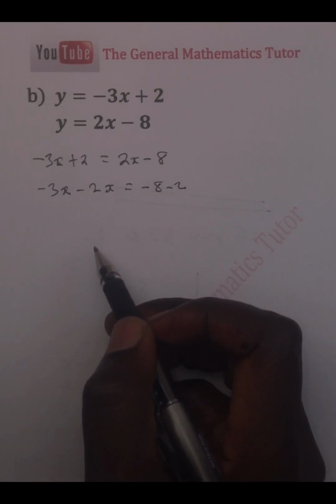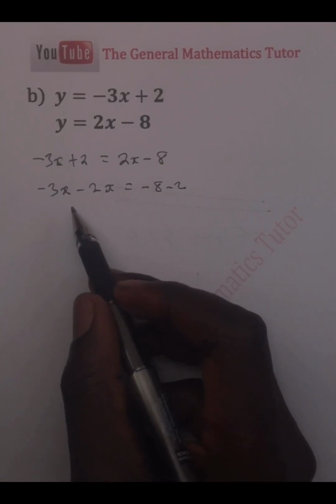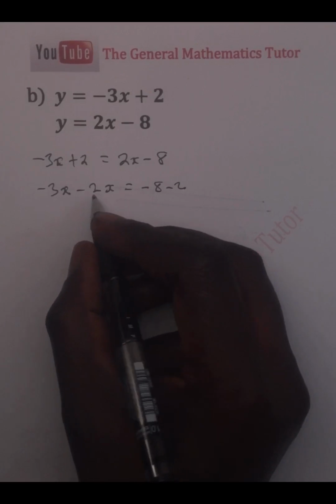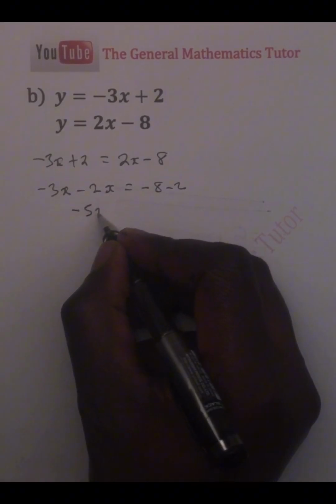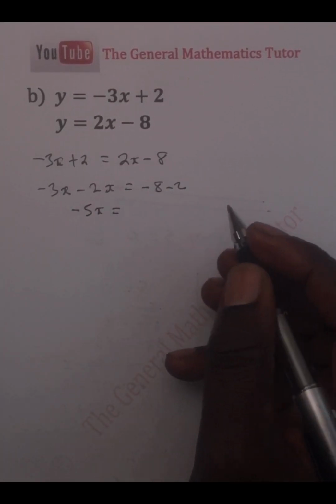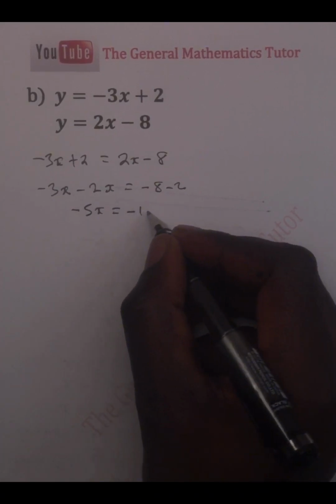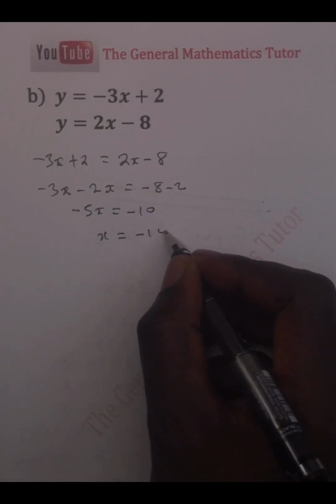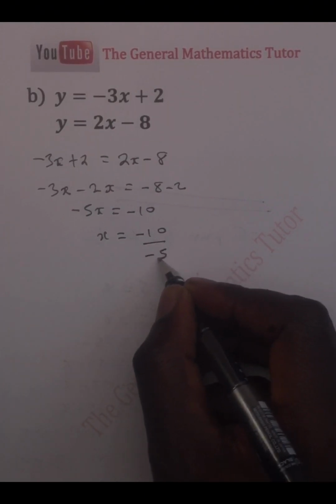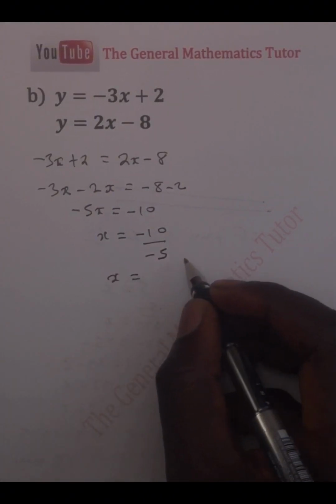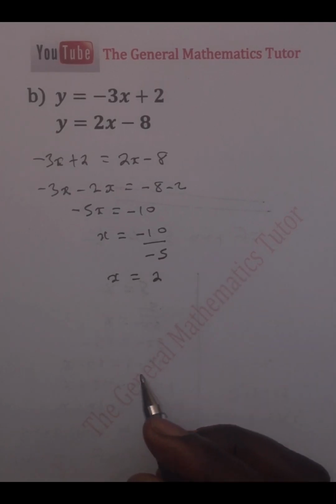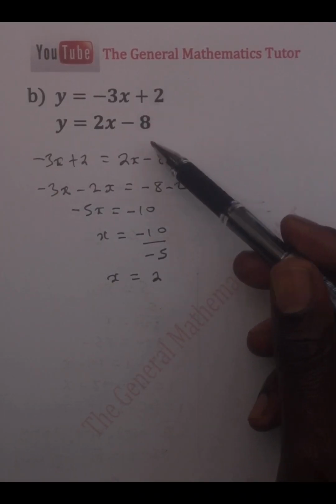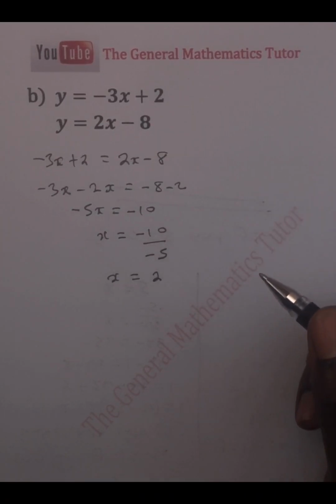So on the left hand side, we have negative 5x is equal to, on the right hand side, we have negative 10. So it means therefore that x is equal to negative 10 over negative 5, so that x is equal to 2. Then we can take any of the two equations to find the value of y.